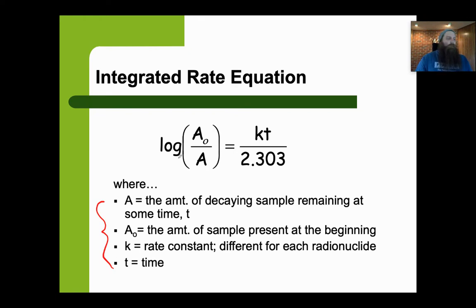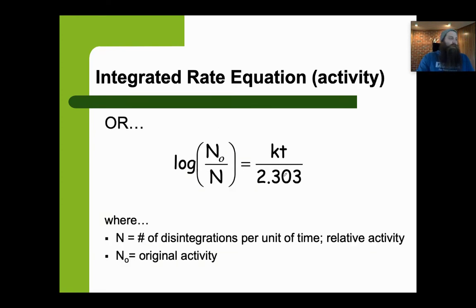Basically, the log of the amount of sample present at the beginning divided by the amount of sample you currently have at some time t is equal to t multiplied by k, the rate constant, divided by 2.303. This is different for every single element. It will either be given or you'll calculate it. That is the integrated rate equation.